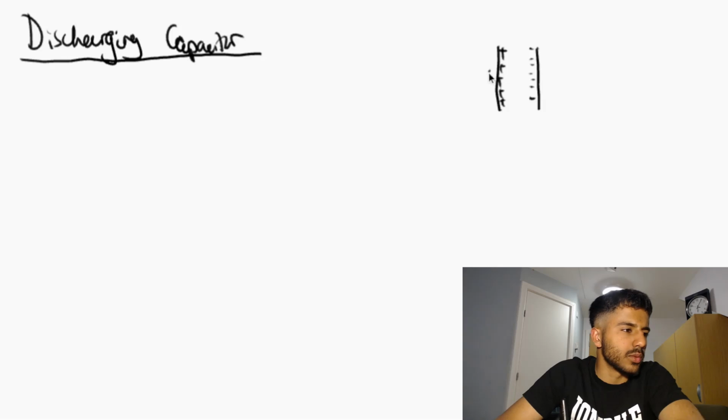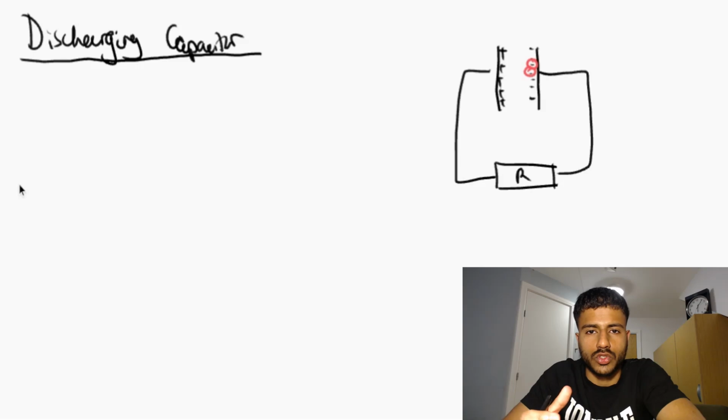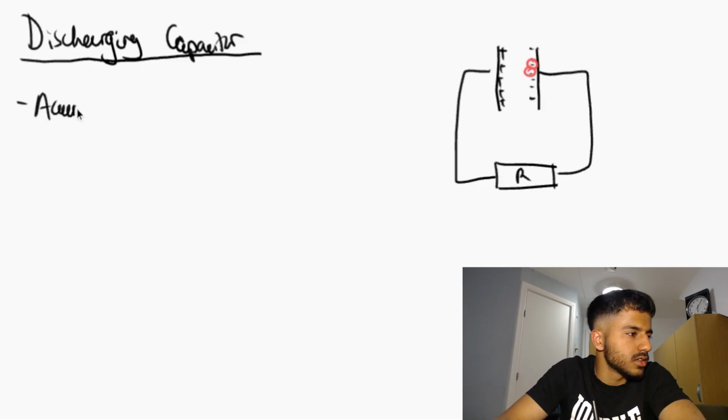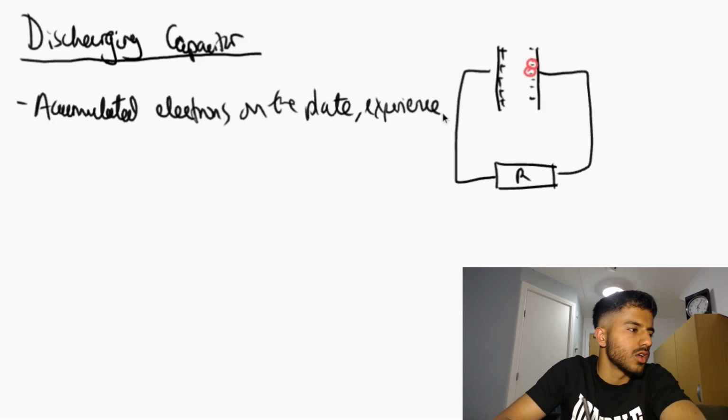So now let's say we connect that capacitor to a resistor or a bulb or something. Now what's going to happen is between these electrons, there's going to be a repulsive force. So accumulated electrons on the plate experience repulsive force amongst themselves.